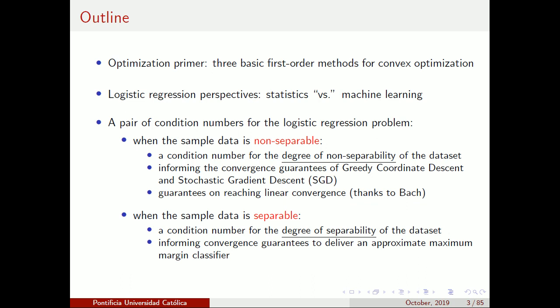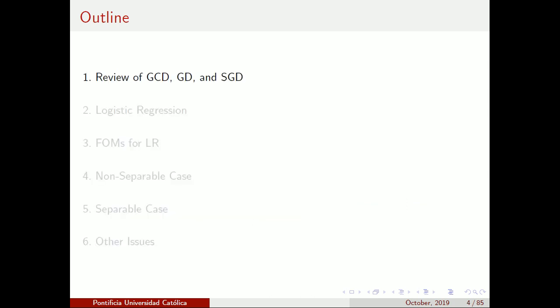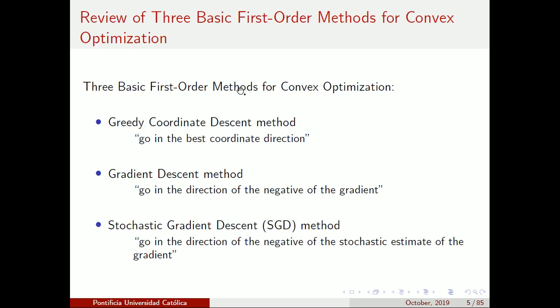All right. So let me teach you a little bit about some algorithms, actually. I'm going to review three very, very useful algorithms called greedy coordinate descent, gradient descent, and stochastic gradient descent. Okay? And so here's what I have to say about them.